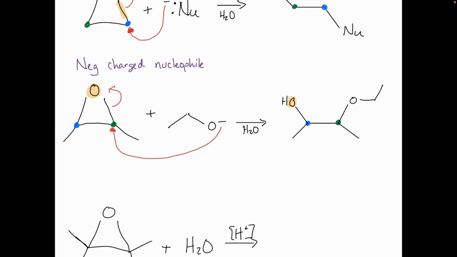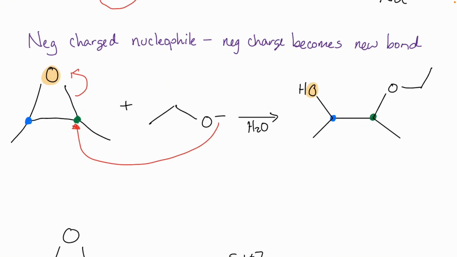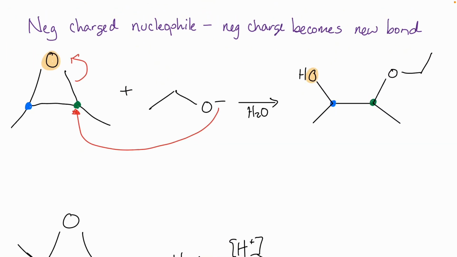So remember, with our negatively charged nucleophile, that negative charge becomes our new bond. All right, that's why I connected that oxygen to the carbon. And it is quite literally that pair of electrons, right? If we were drawing in our pairs of electrons on this oxygen with a negative charge, we'd have 3 lone pairs.